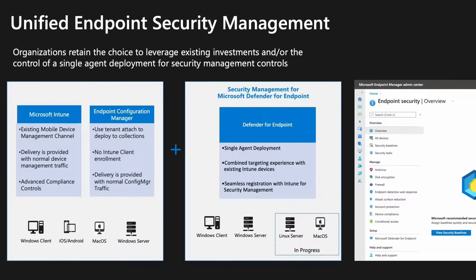This allows devices to receive security configurations without requiring a full Endpoint Manager device enrollment. Instead, you can deploy the same security policies like firewall and antivirus across your environment and have the clients seamlessly enrolled into Intune so that you can continue having a consistent management experience, regardless of how that device reports into the service to receive the policy.